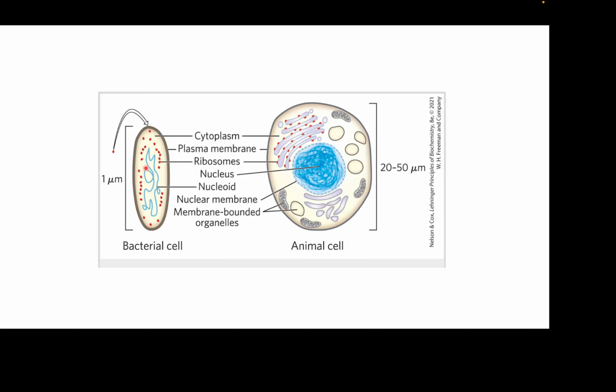But despite all the differences between a prokaryotic cell and a eukaryotic cell, you can see that the nucleus is not present in the prokaryotic cell, hence the nuclear membrane is not present either. Membrane-bound organelles such as mitochondria and Golgi body are not present in the prokaryotic cell.